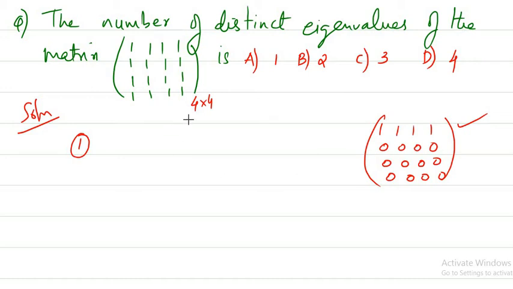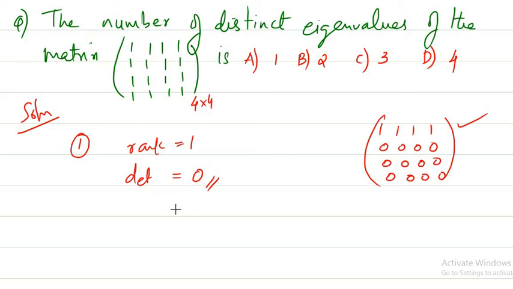If rank is 1 for a 4 by 4 matrix, the determinant of this matrix will be what? 0, correct? Only if the matrix has full rank can we say the matrix is non-singular. If the rank is less than the order n, then definitely the determinant is 0, and it is going to be a singular matrix.